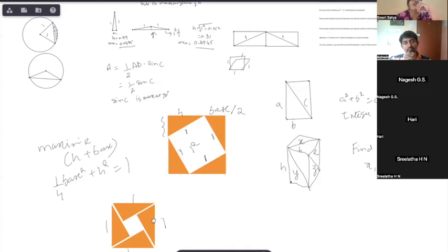What poetry is this? Wait, does that give us the same answer? Height must be equal to base by 2. Yes, it will. If you look at the answer that we got, it's an isosceles triangle where the angle between is 90, so the base is root 2.